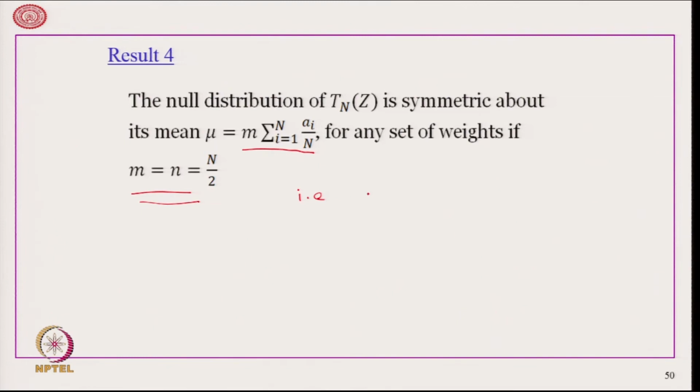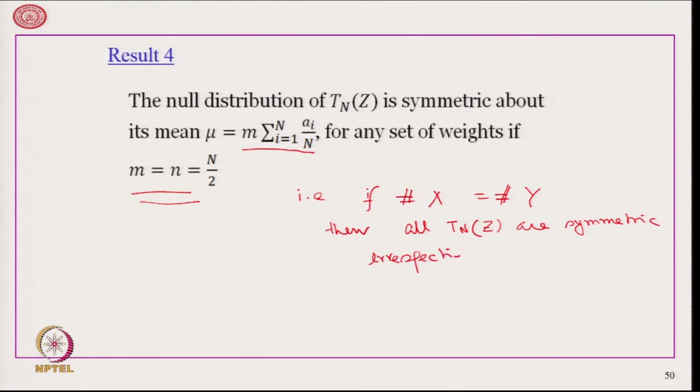That is, if number of x is equal to number of y, then all T and Z's are symmetric, irrespective of the value of the a_i's.